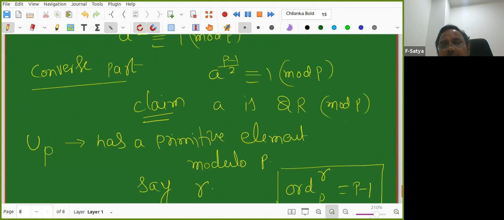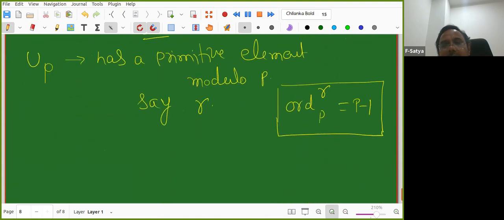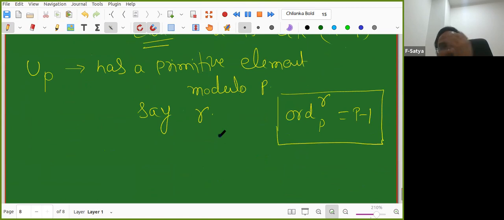Sorry, this direction is a little complicated. Without using the primitive element part, we cannot get it. That's why it took longer time to prove this reverse direction. Okay, so we are here. Now can somebody tell me the relation between a and r?